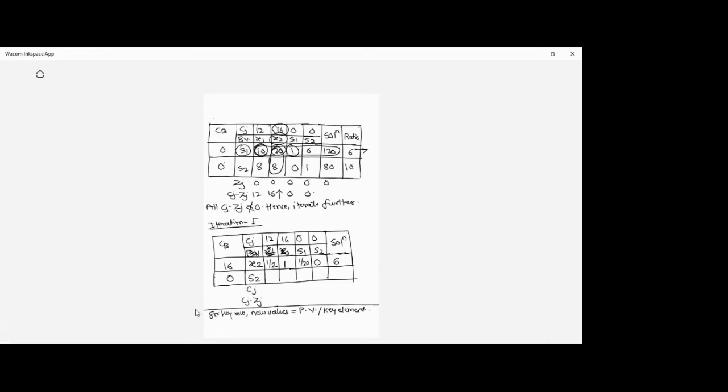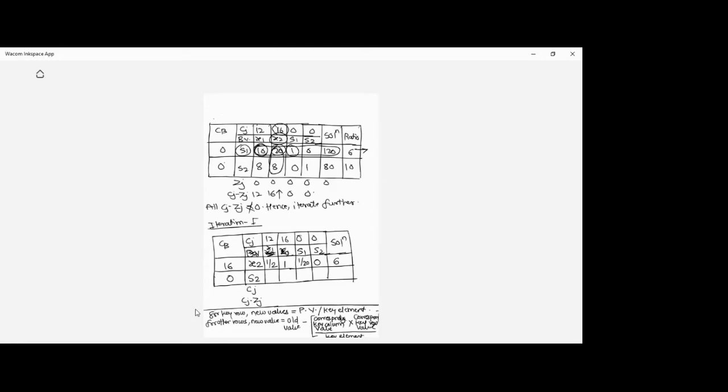Right? So for other rows now, new value is equal to old value minus corresponding key column value into corresponding key row value divided by key element.